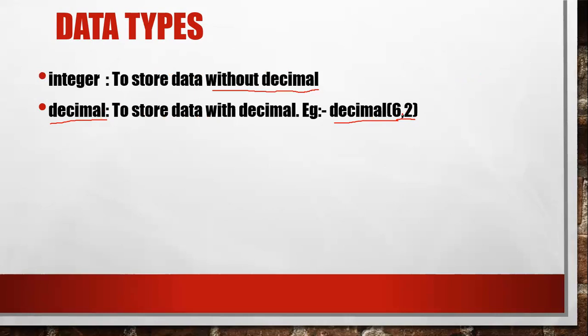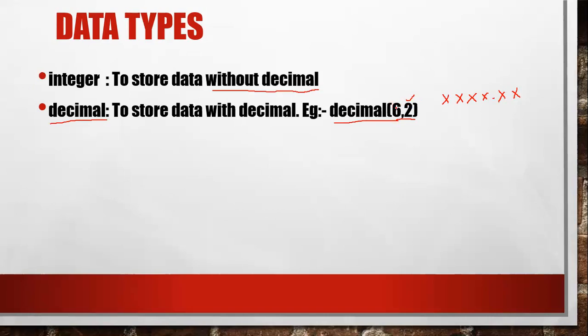When you write decimal 6 comma 2, it means that before the decimal, maximum 4 digits are allowed, and after the decimal only 2 digits are allowed. As you can see, it is written 2, which means after the decimal a maximum of 2 digits can be allowed, and 6 is written over here.